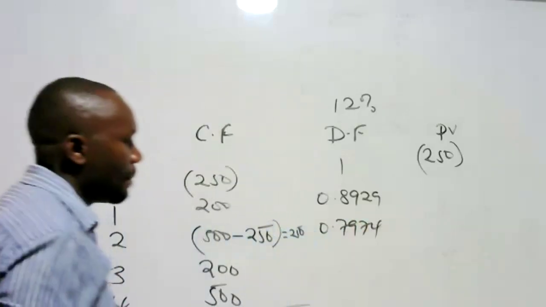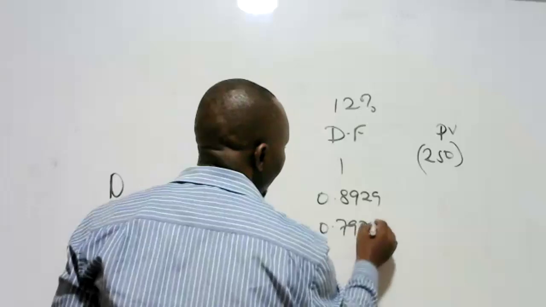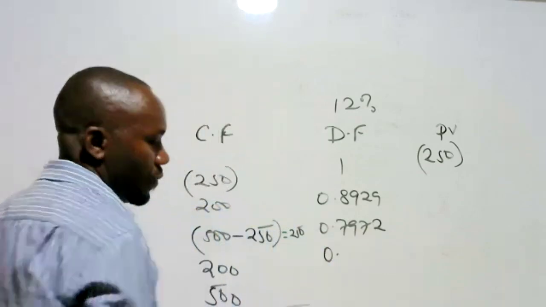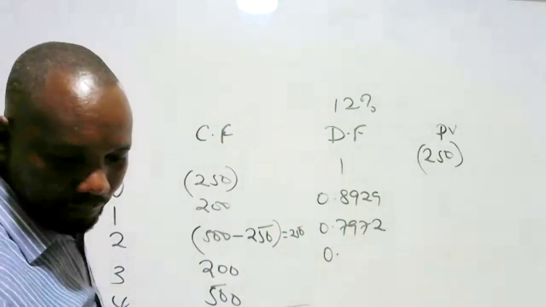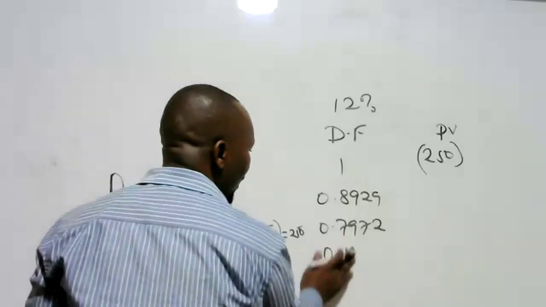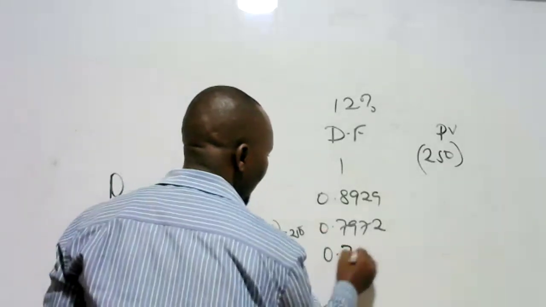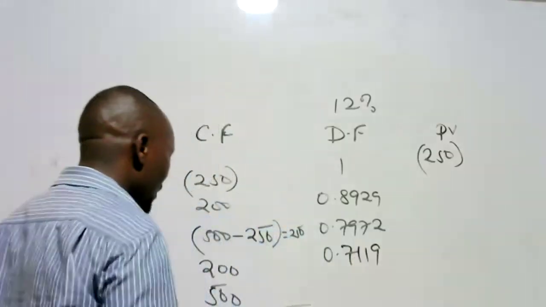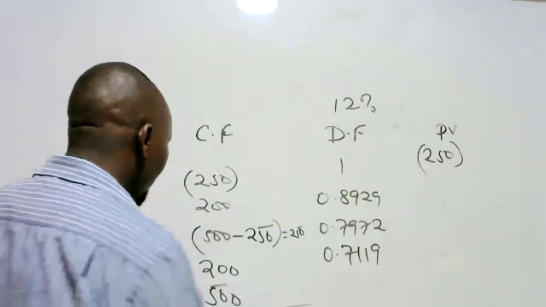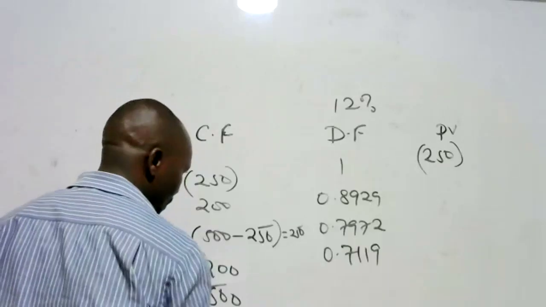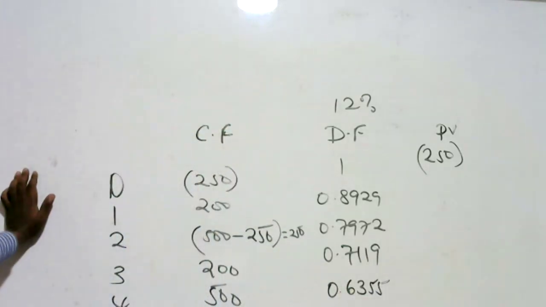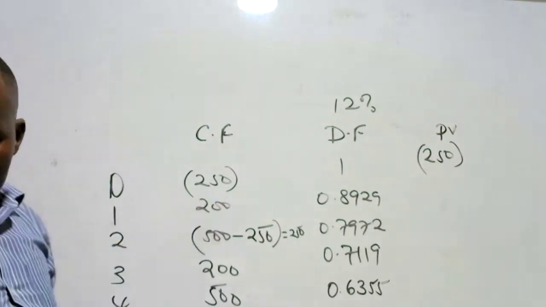Year 3? 0.7118. The last one? 0.6355. Now our present value, we can multiply.